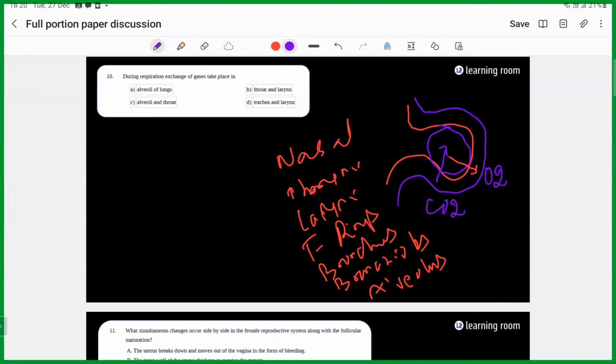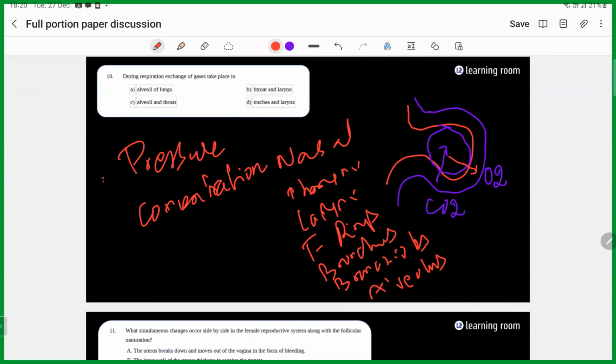Diffusion gradient, warm and moist conditions, and then pressure change. So the two factors are pressure gradient and concentration gradient.